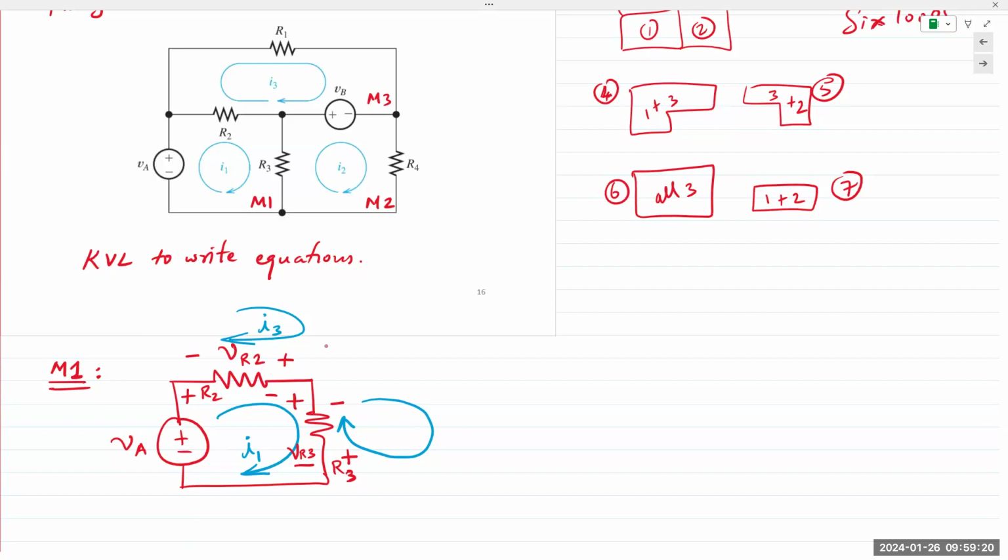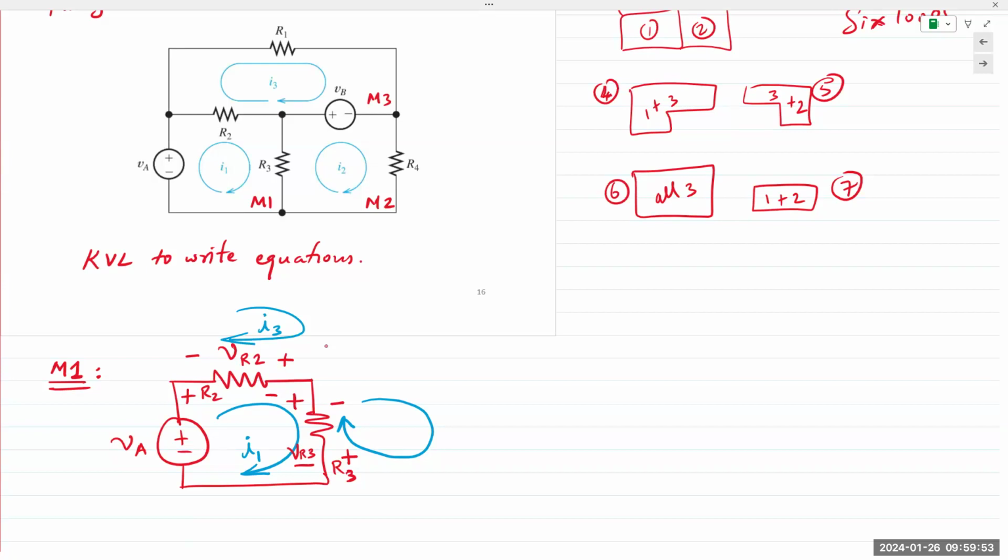If this end is higher, current goes from here, high to low. If this point is higher, then current goes from this point to the lower point. So it's not physically possible to have two currents flowing in opposite directions in the same branch. It's not possible to have more than one current in any single branch. So mesh currents are hypothetical, they are not real.